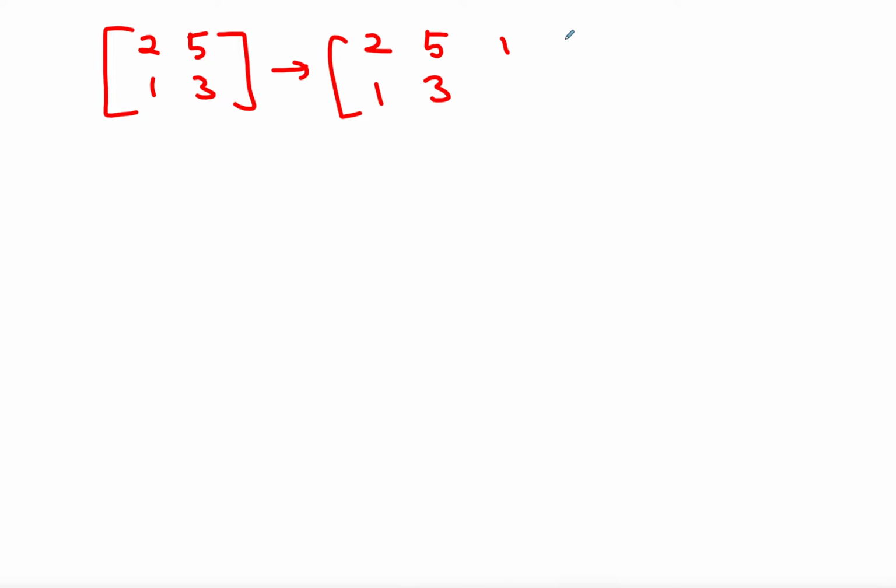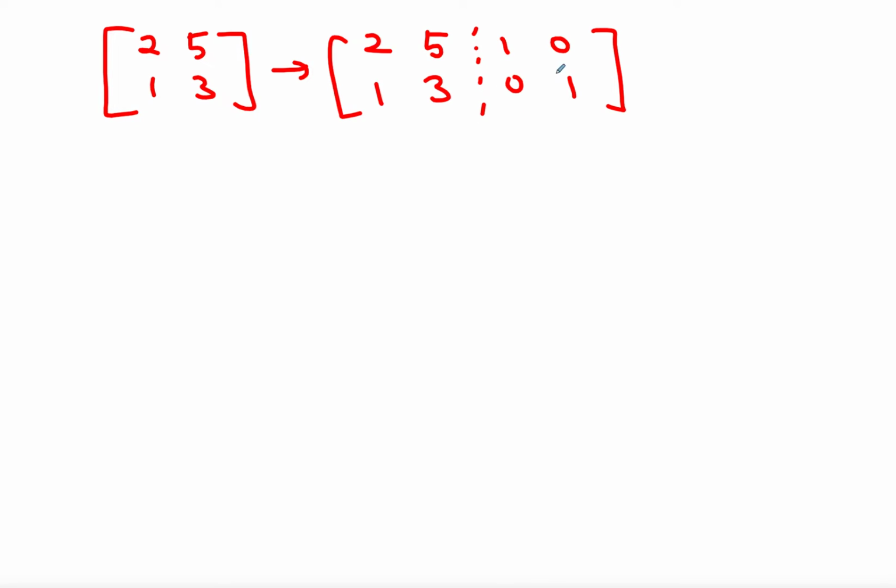Now, let's find the inverse of the same matrix, I think it was 2, 5, 1, 3, but using the row operation. In order to do that, I'm going to augment it with another matrix, the identity matrix. So we have 2, 5, 1, 3, and then 1, 0, 0, 1.